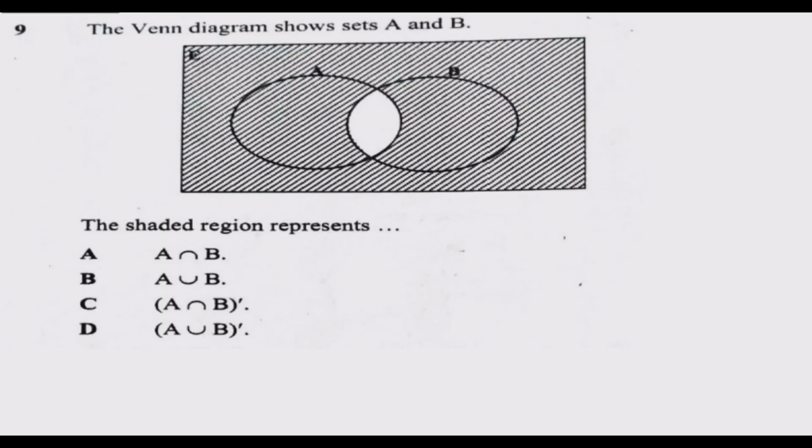Question 9 is, the Venn diagram shows set A and B. So this is the Venn diagram showing set A and B. Then the question is, the shaded region represents. When finding the shaded region, first we identify the unshaded region.